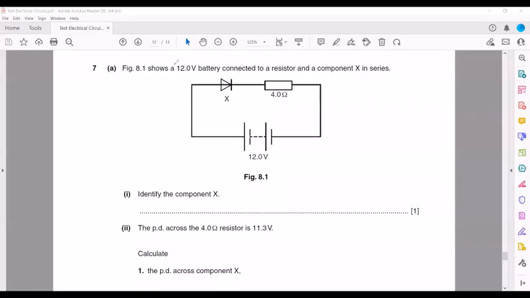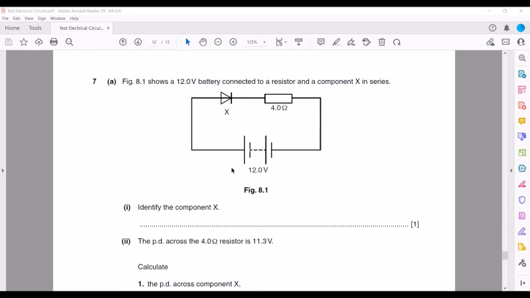So this is the last question. Figure 8.1 shows a 12-volt battery connected to a resistor and a component X in series. Identify component X. That is called a diode. Then the potential across the 4 ohm resistor is 11.3 volts according to the question.